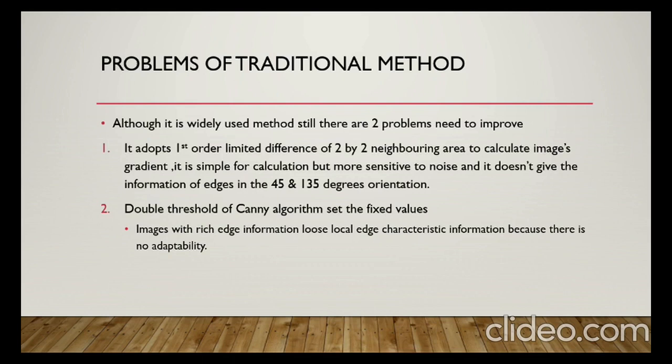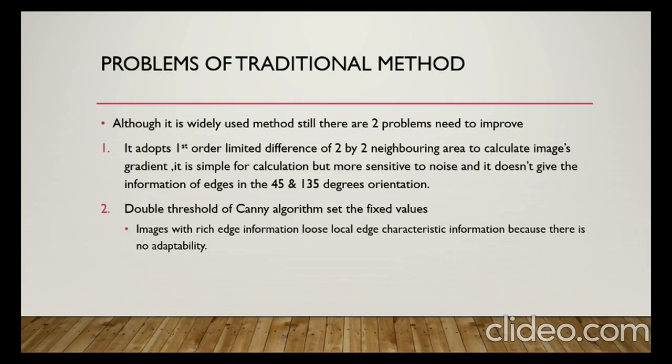And the second one is, in the last step we are using 2 threshold values, that is high threshold value and low threshold values. In this traditional Canny edge algorithm, those 2 threshold values are manually fixed by looking at the images, but this is not applicable to some of the cases.